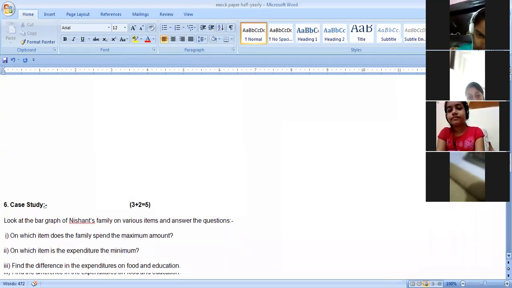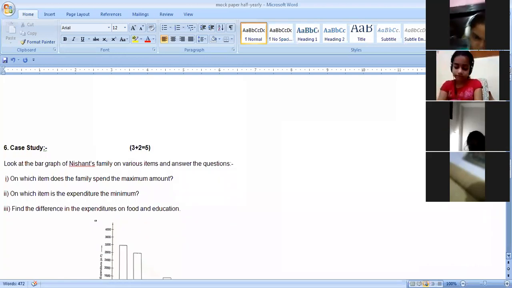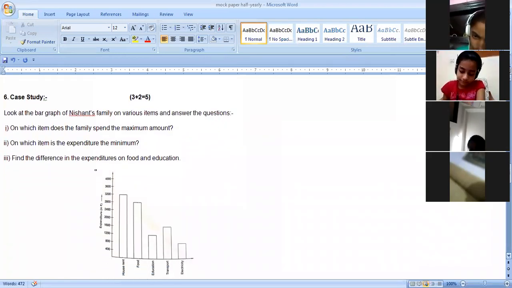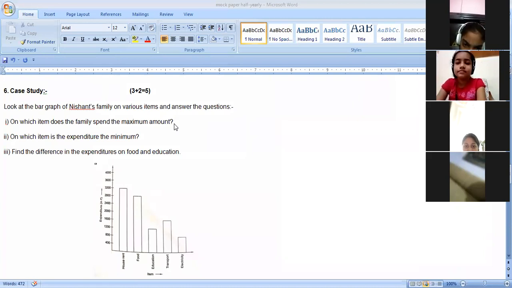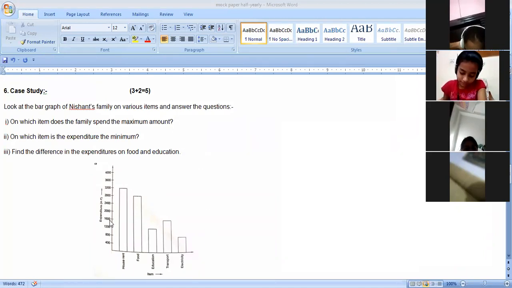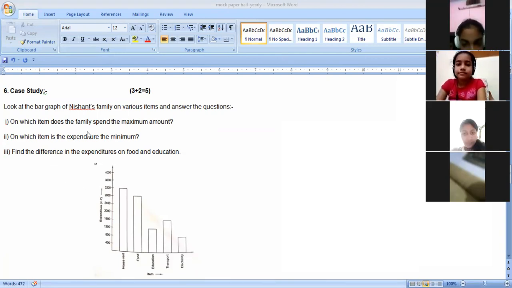Case study. This is a graph which is given here. Now, this is Nishant's family, okay? And on various items, you have to answer these questions. Let's write, Devanshi. So, on which item does the family spend the maximum amount?